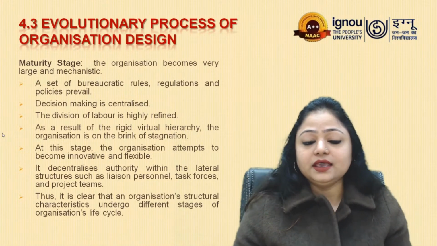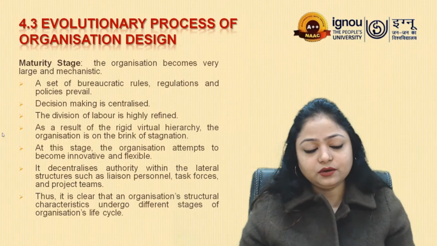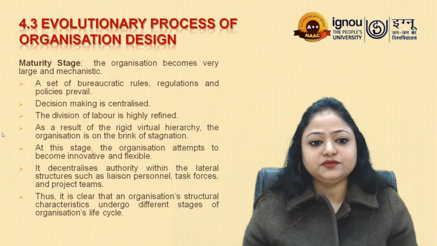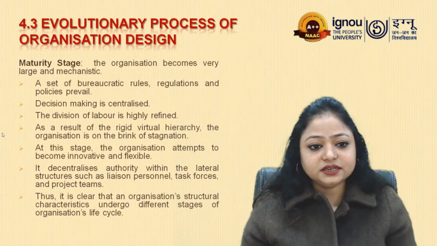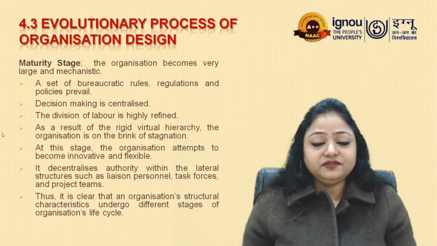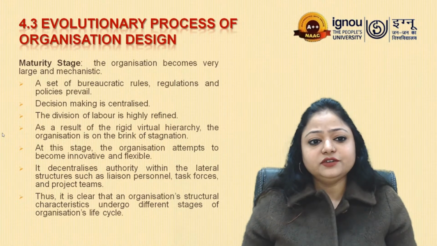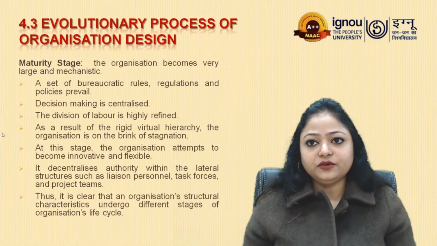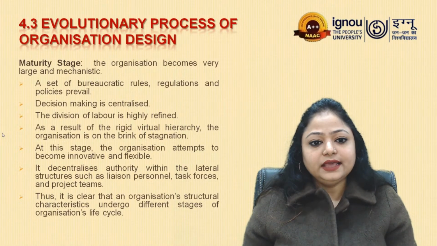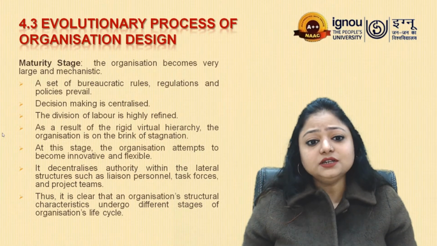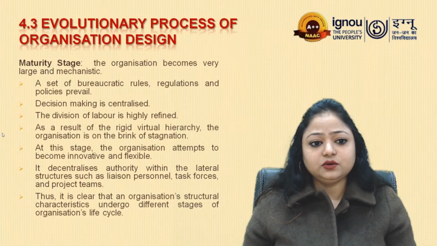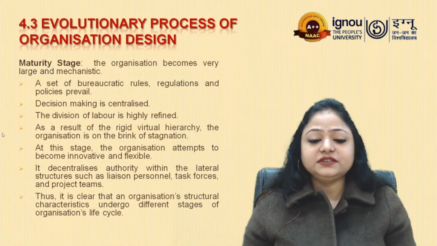Decision making is centralized here because it has reached the stage where taking a wrong decision can have a detrimental effect on the overall organization and its environment. The division of labor is highly refined, so it is clear who is to perform which function. As a result of the rigid vertical hierarchy, the organization is on the brink of stagnation.